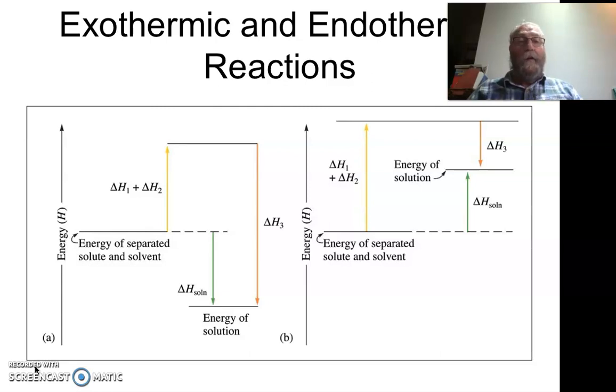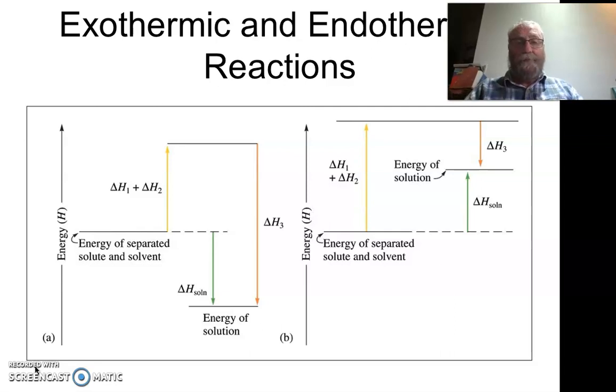If the overall energy of dissolving is exothermic, then those new bonds forming, delta H3, is going to be greater than the bond breaking. If the overall process is endothermic, then obviously the energy back is less than the energy required to break bonds.